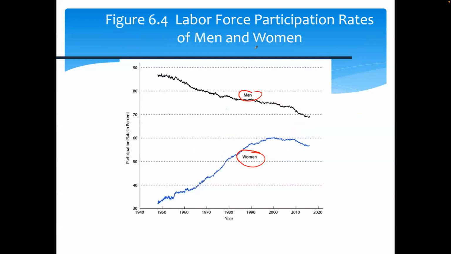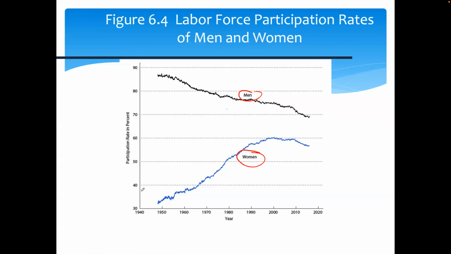But then the other question is, what is behind this trend? There is a lot of economic research trying to explain this interesting phenomenon. One possible explanation is that since World War II, there's been widespread use of home appliances, like the washing machine, dishwasher, vacuum, and so on.